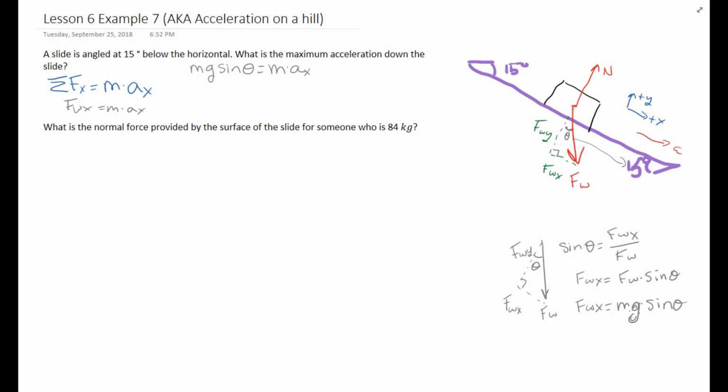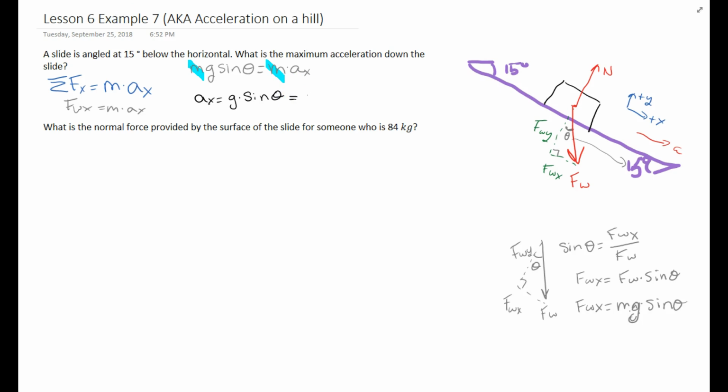Notice now that we have mass on both sides of the equation, so they cancel. We are left with the fact that my acceleration in the x direction is equal to gravitational acceleration times sine of my angle.